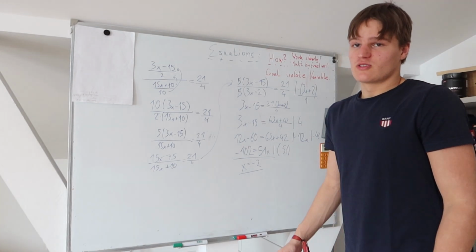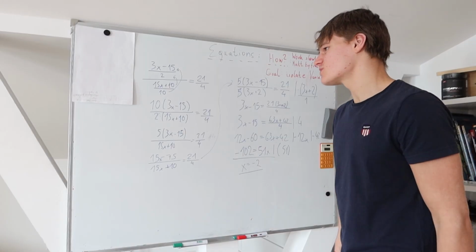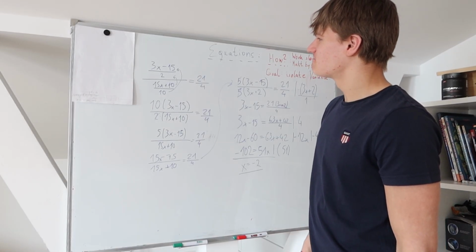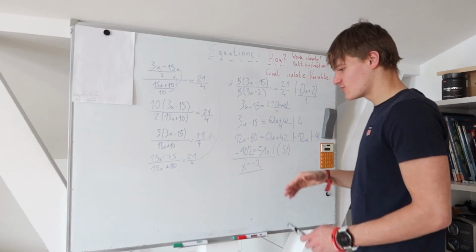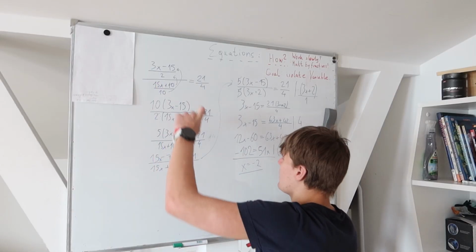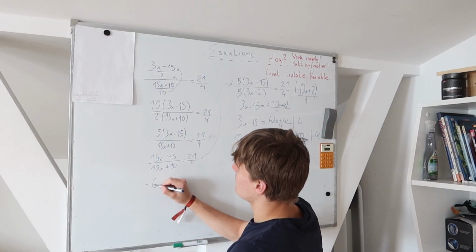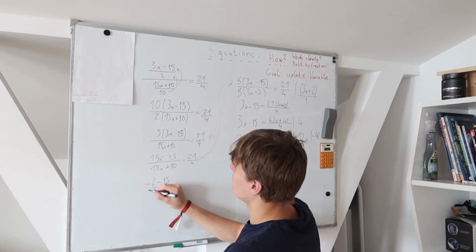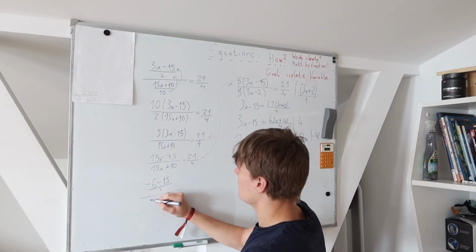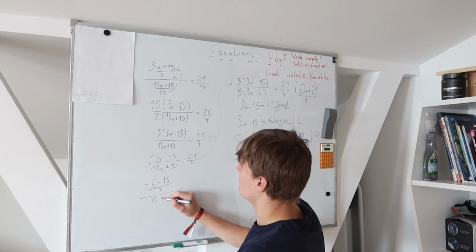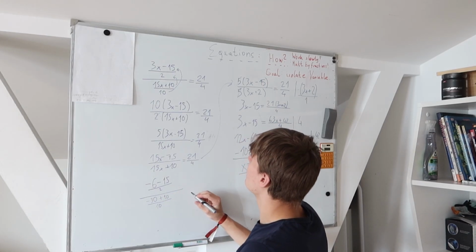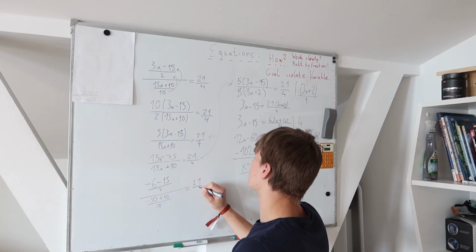Should we try plugging that in or no? We can of course. So let's start plugging that in. Actually, let's do this properly though. Let's actually plug this in. So 3x, so minus 6 minus 15, over 2 over minus 30 plus 10 over 10 should be the same as 21 over 4, right?